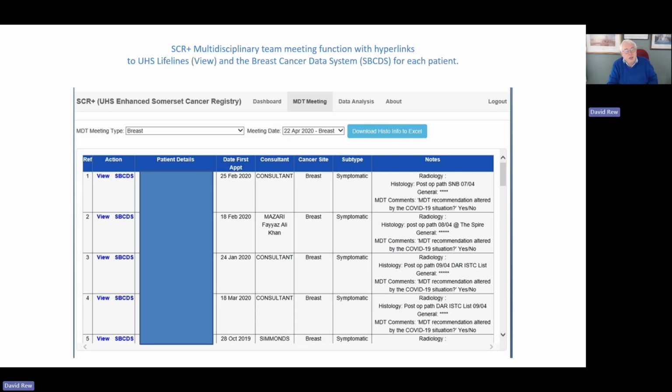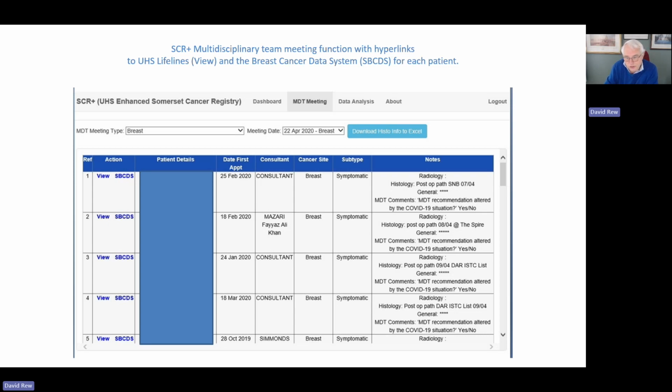This was taken from a breast cancer meeting back in 2020, and I've blacked out the patient details. But what we have now is the list for every patient who's attended the meeting, but linked to it is a view of the Lifelines interface and a view of the Southampton Breast Cancer Data System interface.